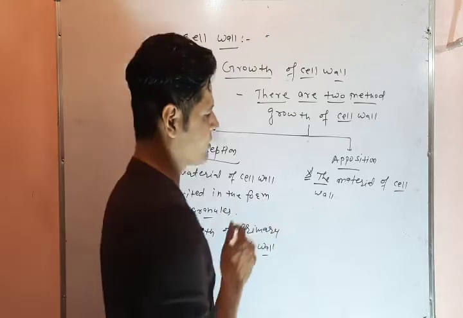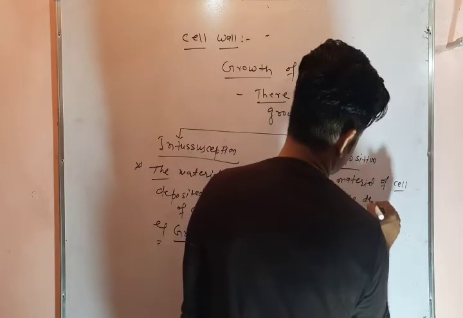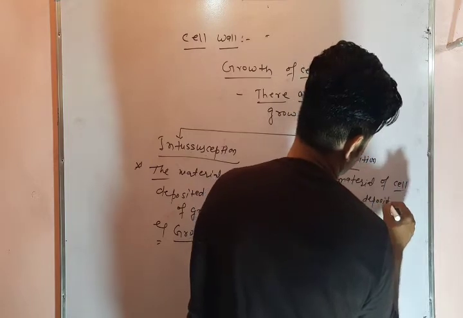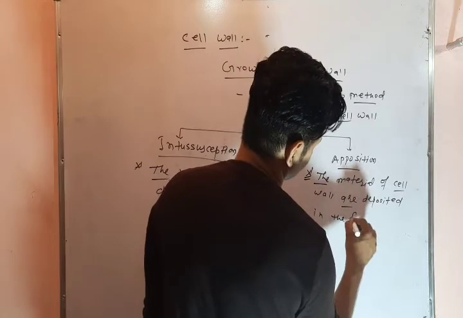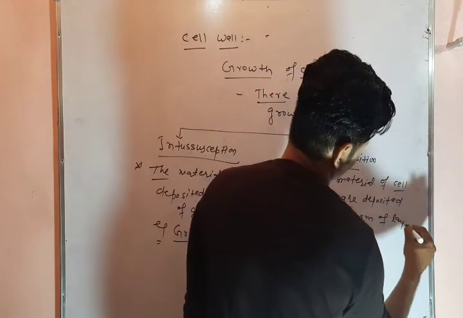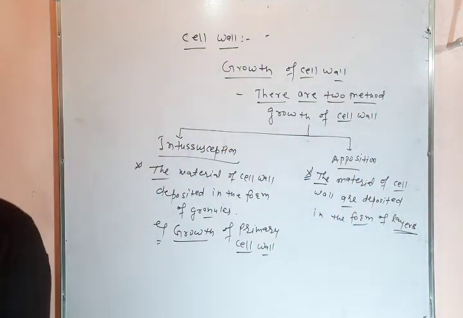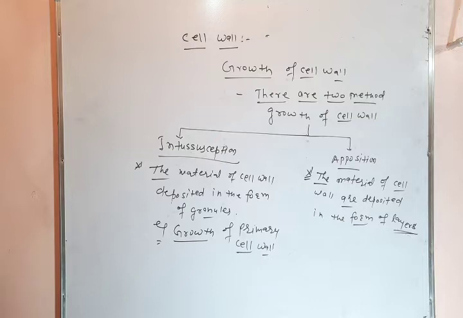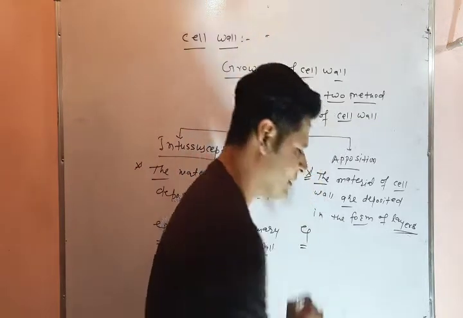So the materials of the cell wall are deposited in the form of layers, known as apposition. What is the example of apposition?